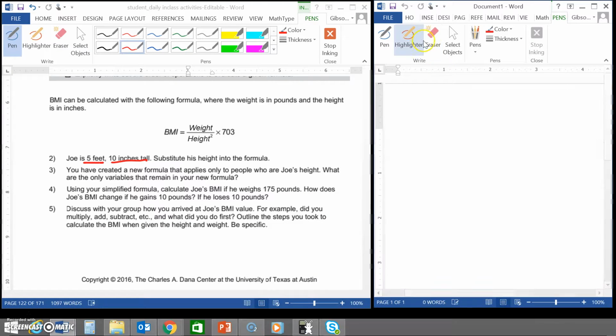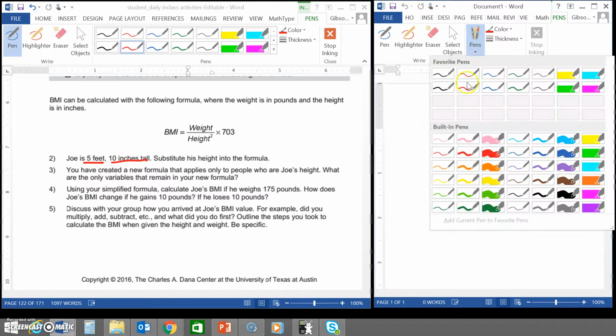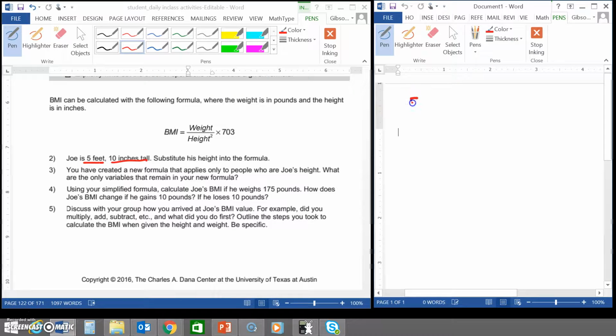Now with this 5 feet, what we would need to do is do conversion. So we have 5 feet, and we'll put that over 1, multiplied by, we know it's 12 inches in 1 foot. And remember, since we have feet in the numerator, we must have feet in the denominator in order to simplify out.